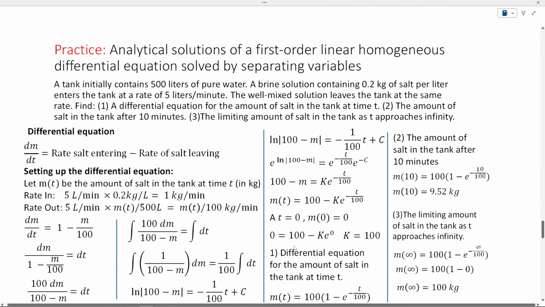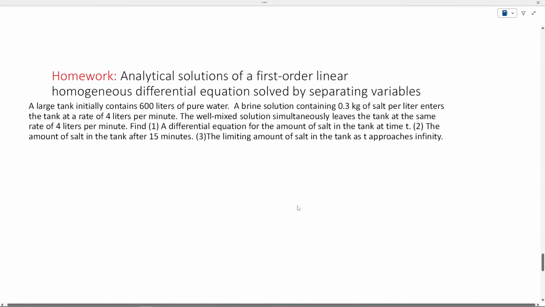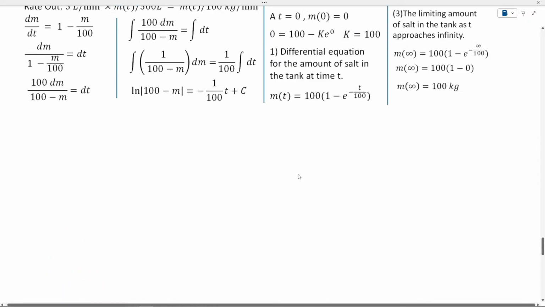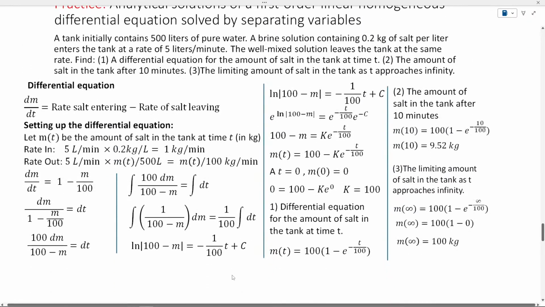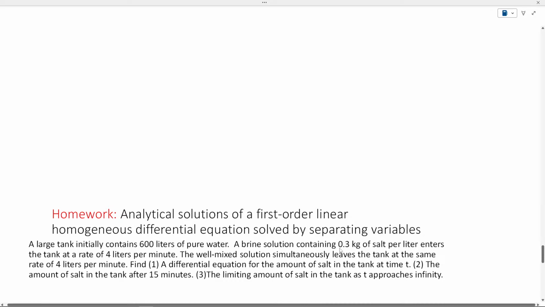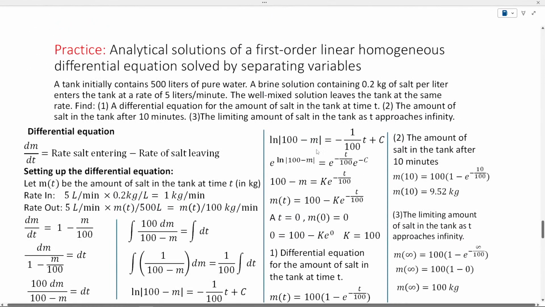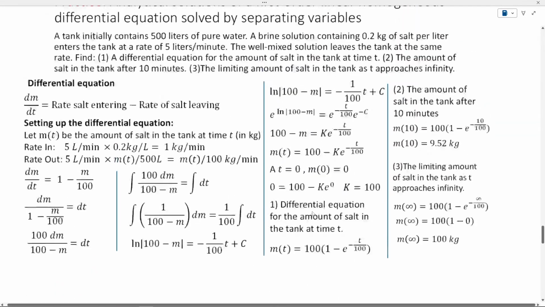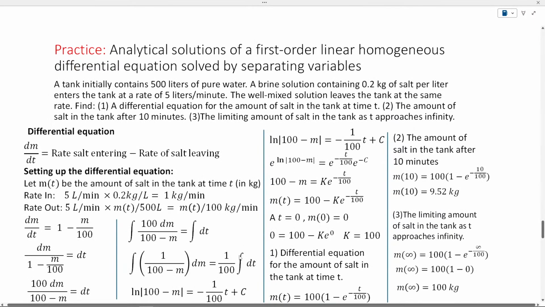And if you can solve this, then you can do your homework, because your homework problem is exactly the same as this one, I'm just changing these numbers, like this is 0.2, this is 0.3, something like this. But you need to solve this first, because in order to solve your homework, you need to understand this first.